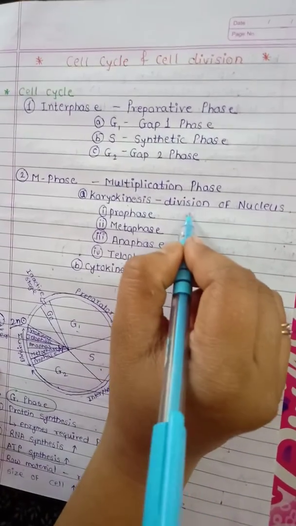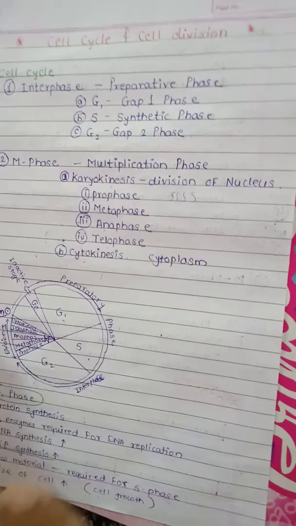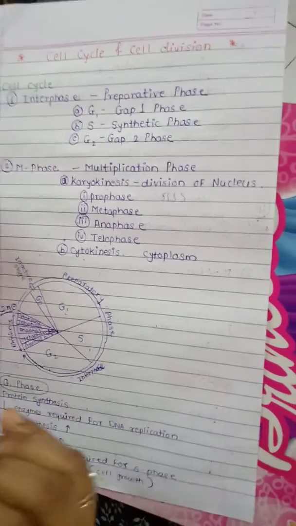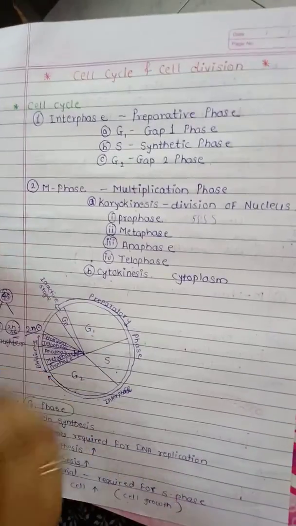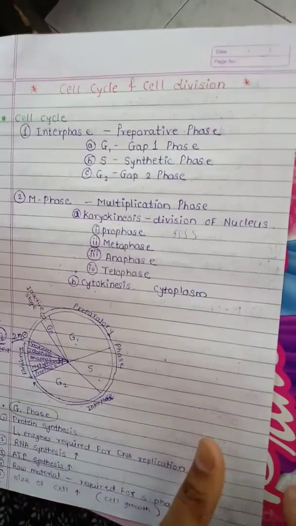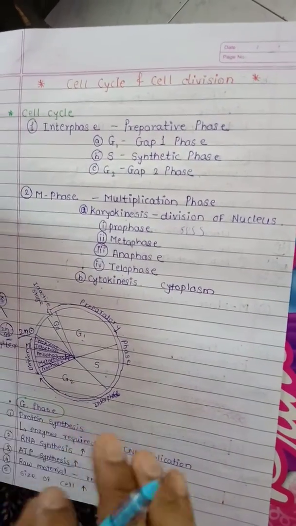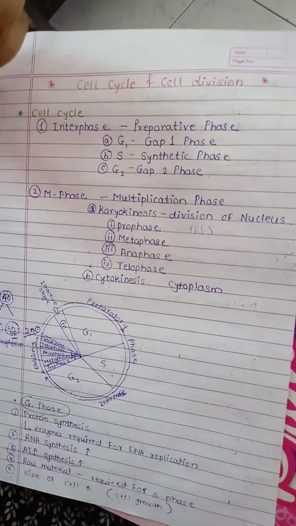In prophase, the chromosomes become thread-like, separated structures. Then in metaphase, spindle fibers are formed. Then in anaphase, the chromosomes are separated from the equatorial plane into two halves.